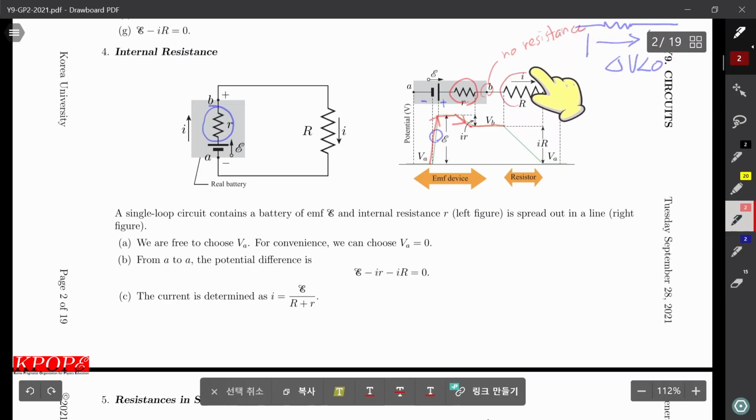And then there's a resistor of capital R, so potential decays.